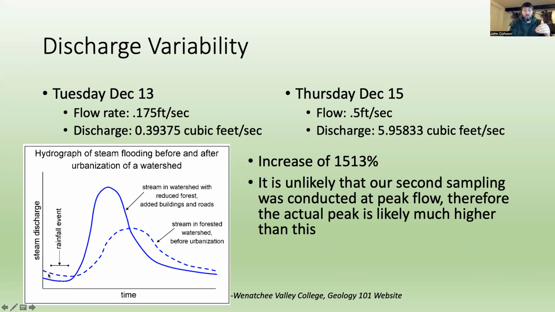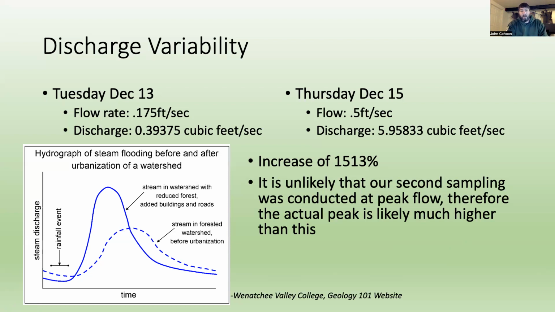In a more naturalized watershed, it takes time for that precipitation to work its way either across the landscape or through the ground to get into the stream. So whether that means that it's being slowed down by running through grass and weeds and trees, or it's sinking into the ground and then slowly working its way through and seeping out of the ground into the creek, all of those processes slow it down.